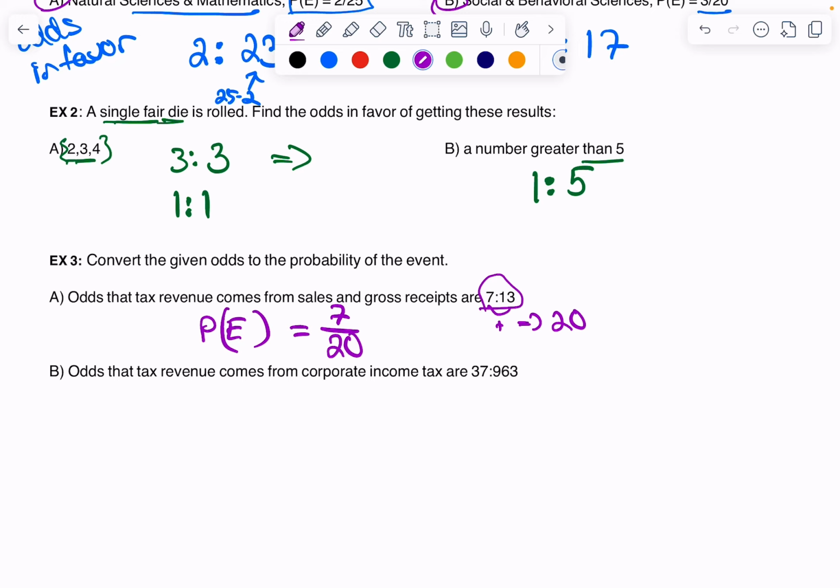Same thing here. Odds that tax revenue comes from corporate income tax are 37 to 963. So our probability of this event is going to be 37 divided by, and we add these two numbers and we get 1,000. So 1,000 goes down here.